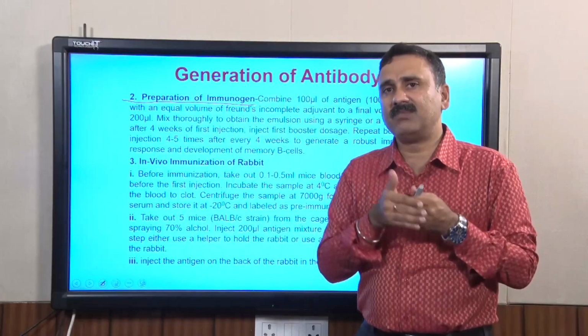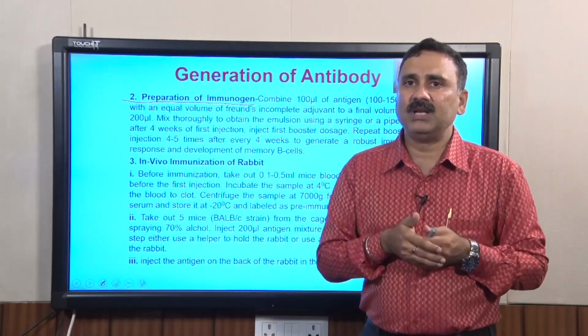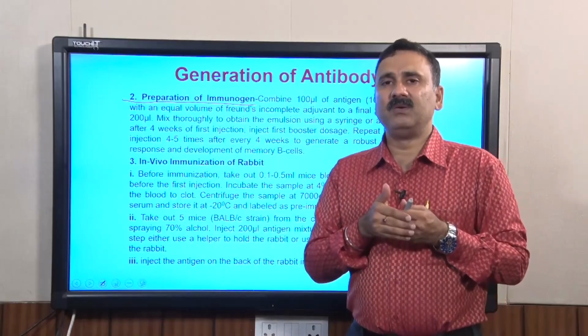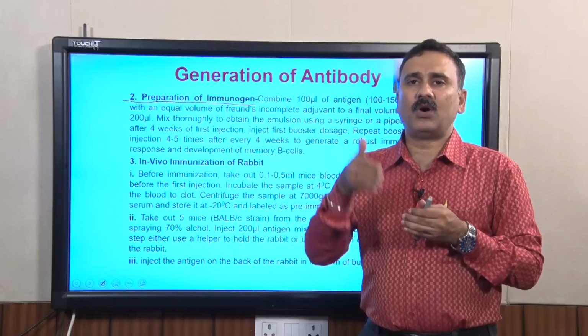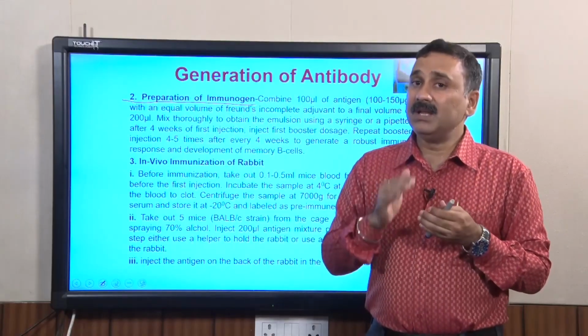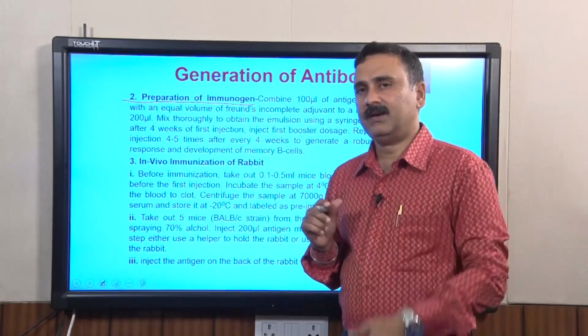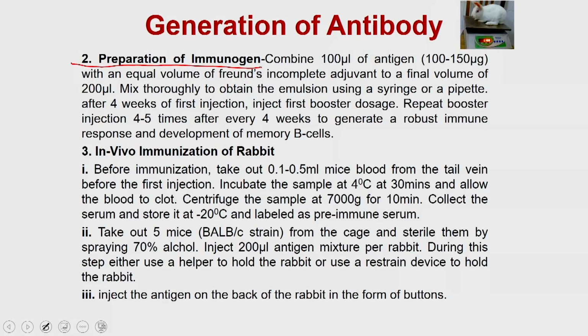The difference between the primary immunogen and the secondary immunogen is that the primary immunogen is prepared in complete adjuvant, and the secondary injections, or booster injections, are prepared in incomplete adjuvant. So, you take 100 microliter of antigen, which is approximately 100 to 150 microgram, and mix it with an equal volume of Freund's incomplete or complete adjuvant to a final volume of 200 microliter.